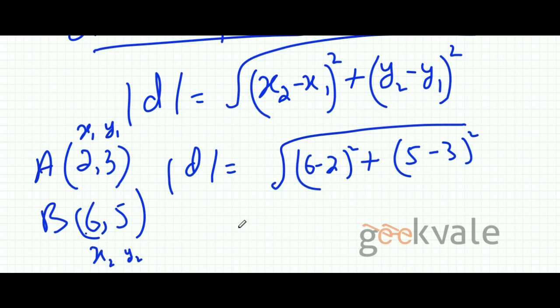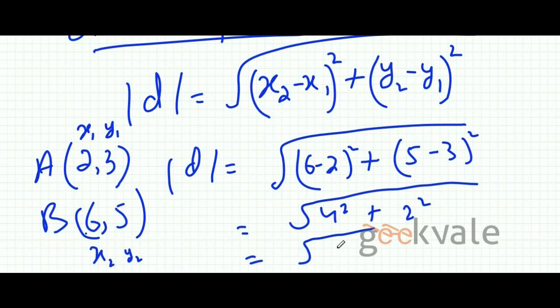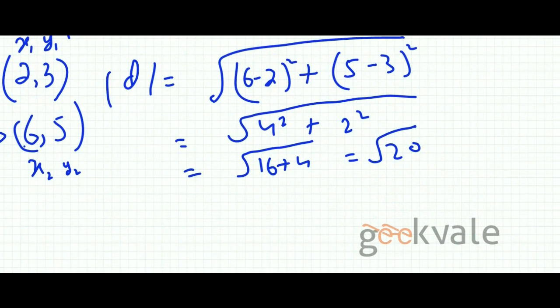So 6 minus 2 will be 4 square plus 5 minus 3, 2 square. That will be under root of 16 plus 4, which is under root of 20. Now under root of 20 can be rewritten as 2 square root of 5 units.